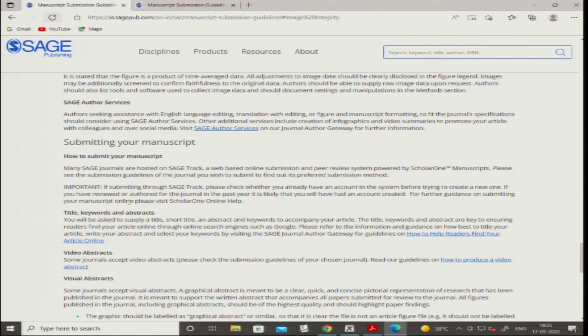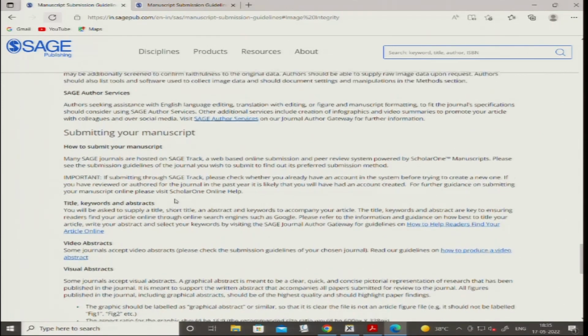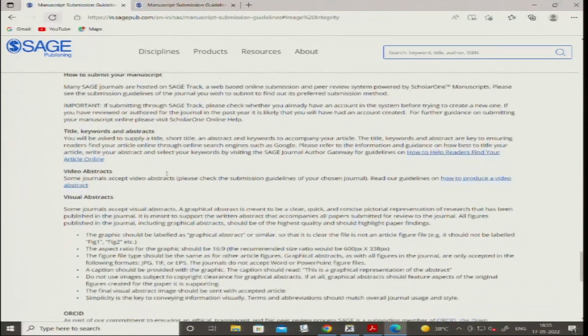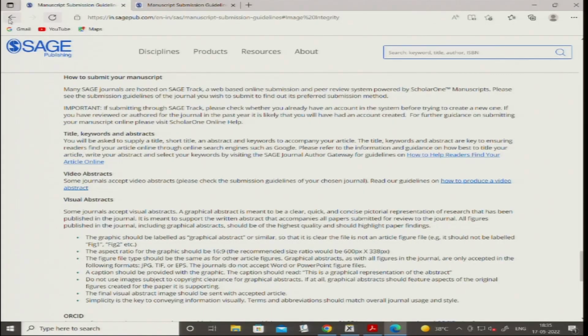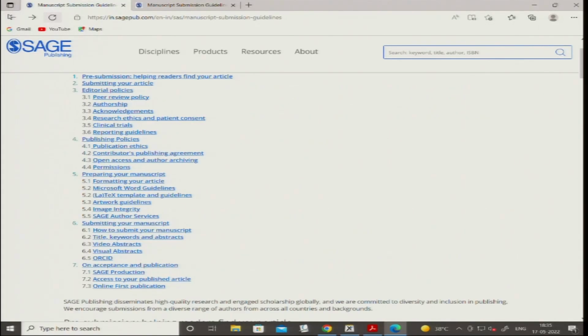So image frauds are very common cases in terms of fraud publications, and we must avoid that. So we have to maintain image integrity, understand the image standards, and read what the image standards are before we use and submit for publication. Okay, so these guidelines are always available here on the journal page. You must understand and read them before you submit the paper, right?